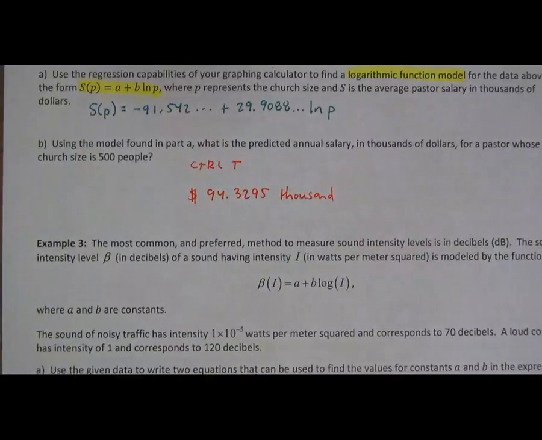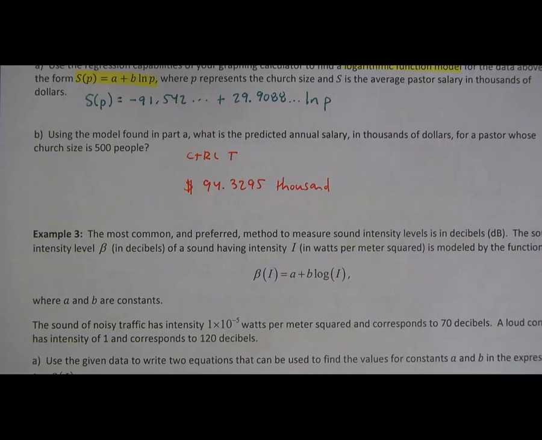If you're a person where that just really doesn't make sense to you and you want to change it into having the comma, that's also fine. But I would just leave it alone, because if you go one extra step, there's a chance you might mess up. So, about $94-ish thousand. Okay.